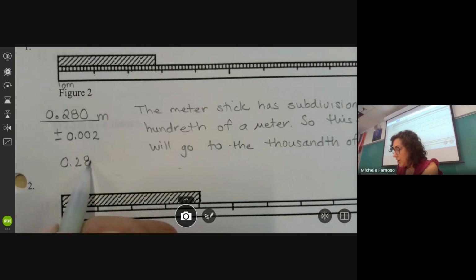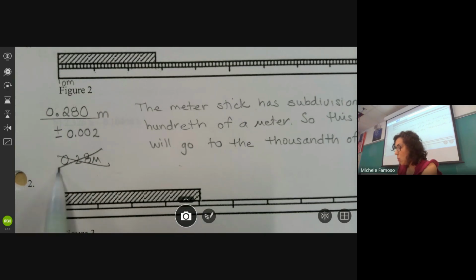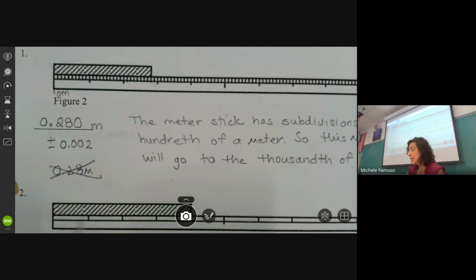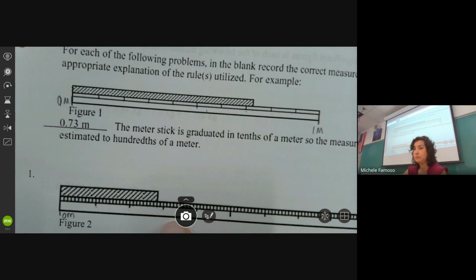This would not be given credit. Why? You have the wrong precision. You're telling me if this is your answer, this was not your ruler. It's telling me you used this ruler here instead of this one. The precision is important because you are communicating to the person looking at that measurement which tool you use to make the measurement. It's really important in science for that.